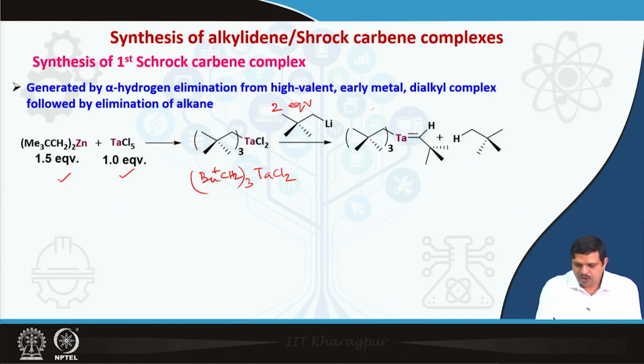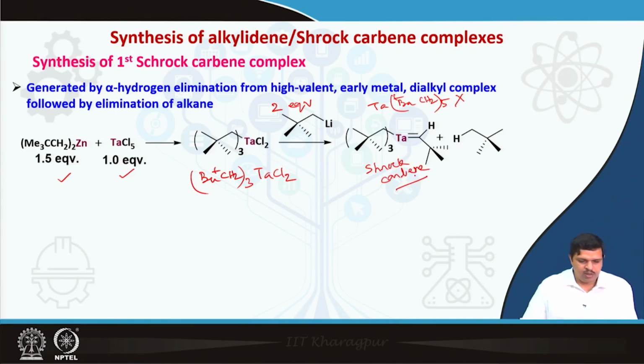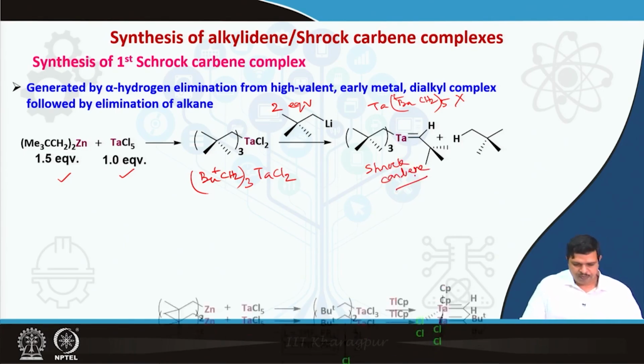As I told you, you cannot prepare this tert-butyl CH2 5 tantalum, it is not stable, it will undergo spontaneous carbene formation, that is the Schrock carbene. We already discussed this in detail in the last slide.